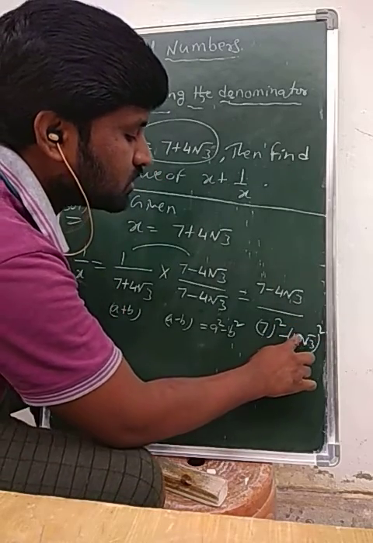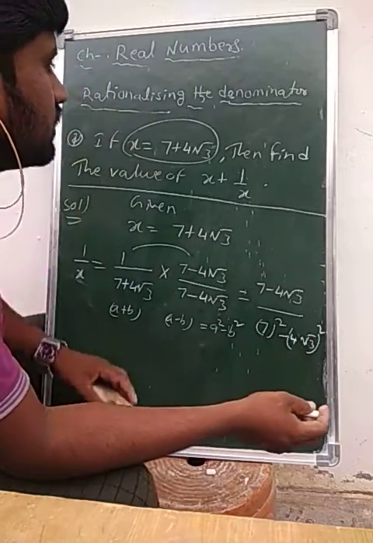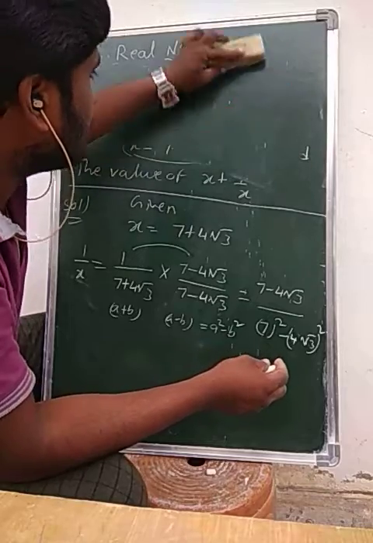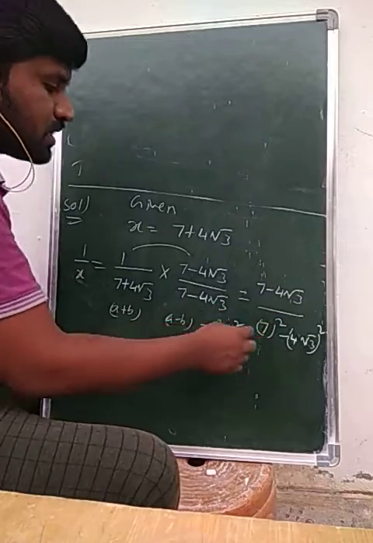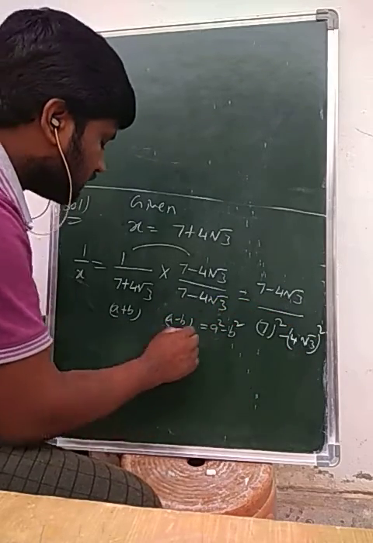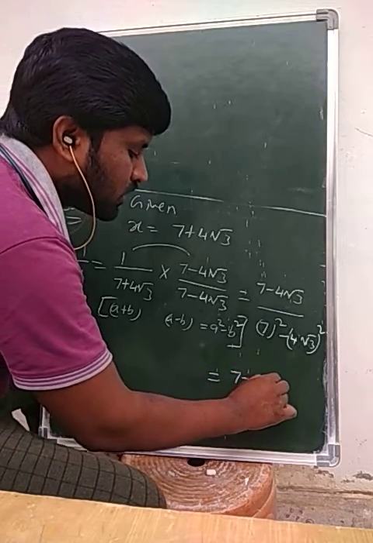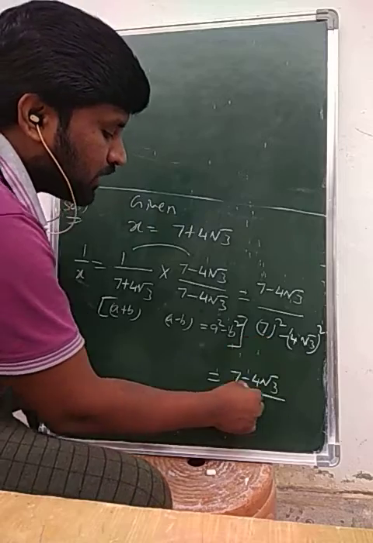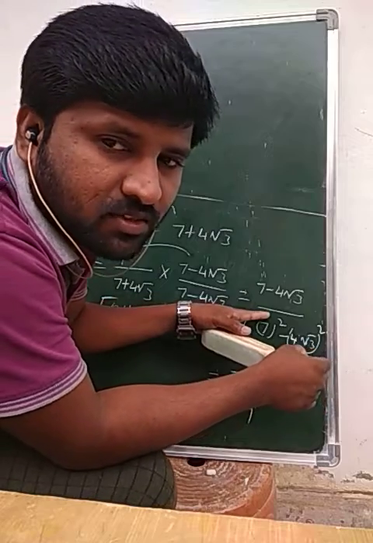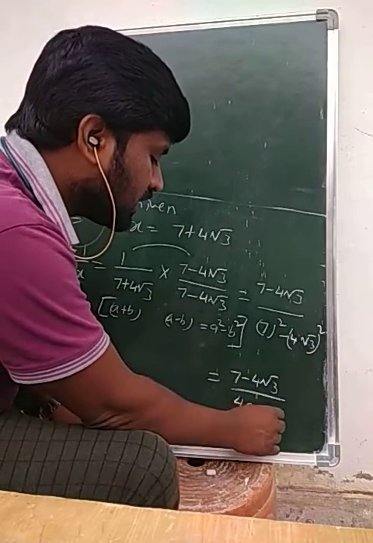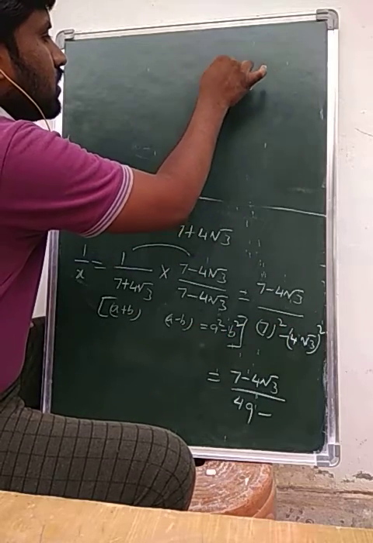7 whole square minus 4 root 3 whole square, a square minus b square. Now just observe what I am doing here. The numerator, 7 minus 4 root 3, I am writing only, by 7 whole square, that is 49. 7 whole square means 7 sevens are 49, minus, just see this part, 4 root 3 whole square.